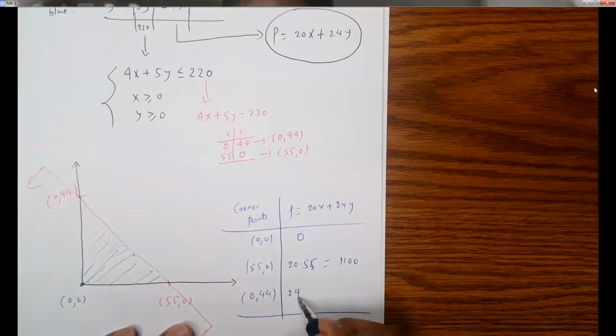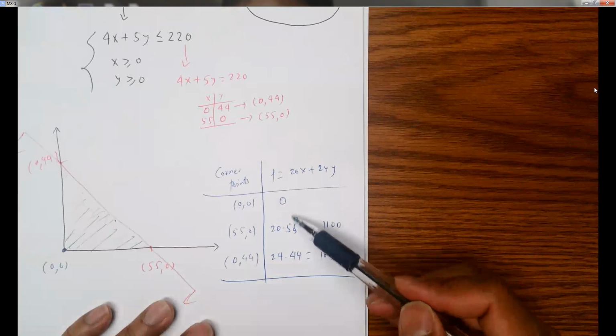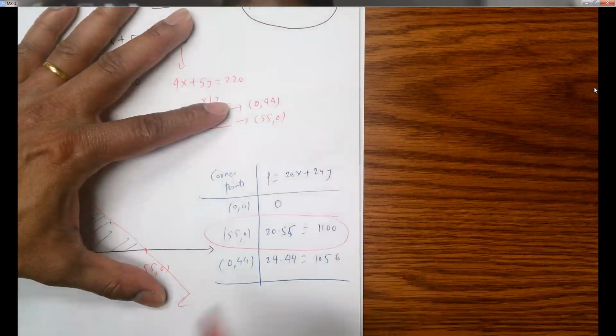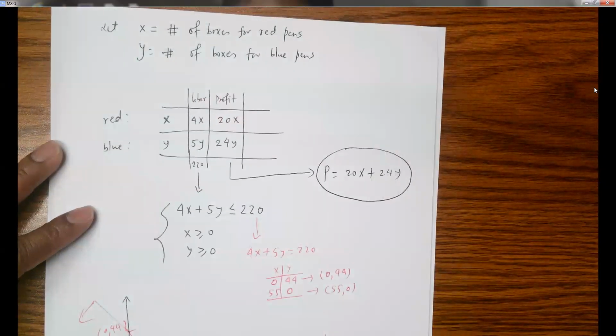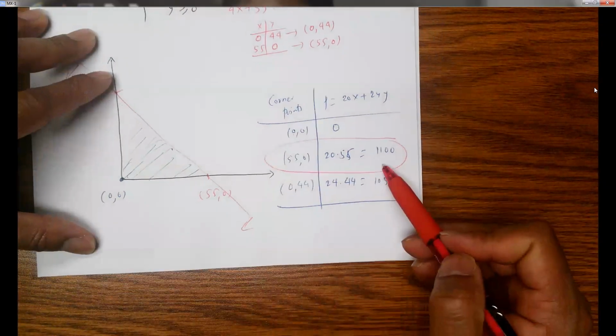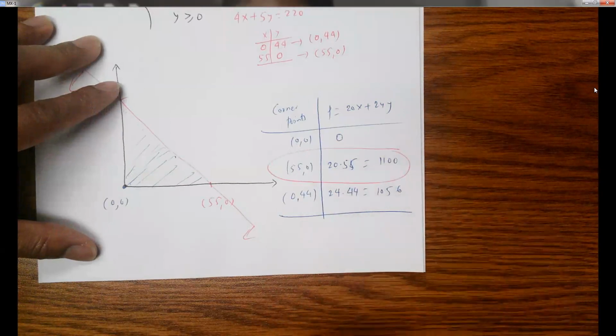That is why this is 24 times 44, which is 1056. Now, by comparing these three profits, we can see that 1100 is the maximum one. So from here, we can say that our production policy should be to have the maximum profit 1100, we should make 55 boxes of red pens.